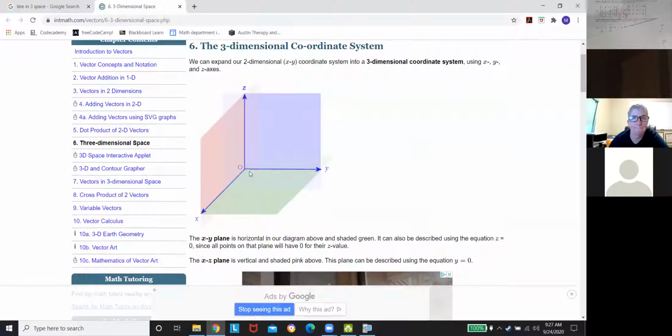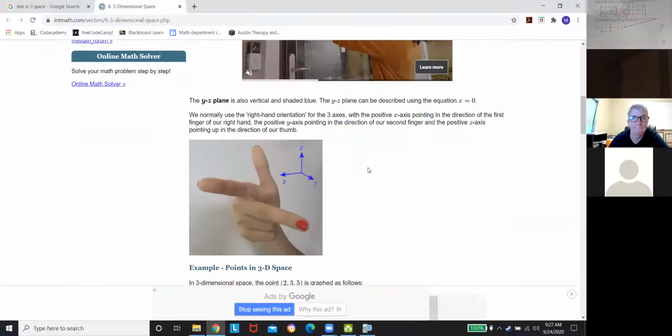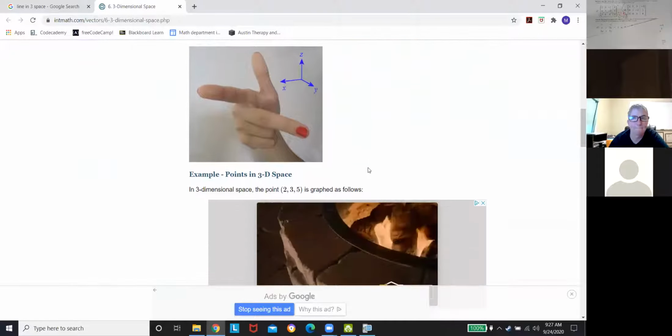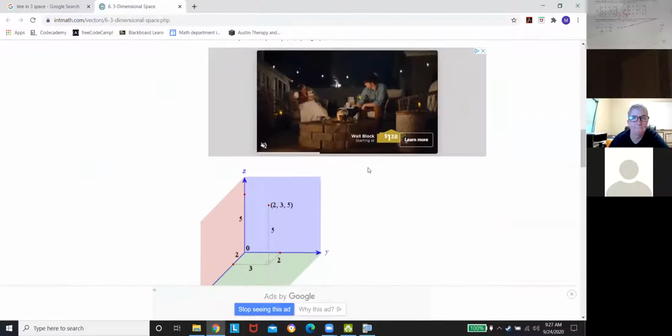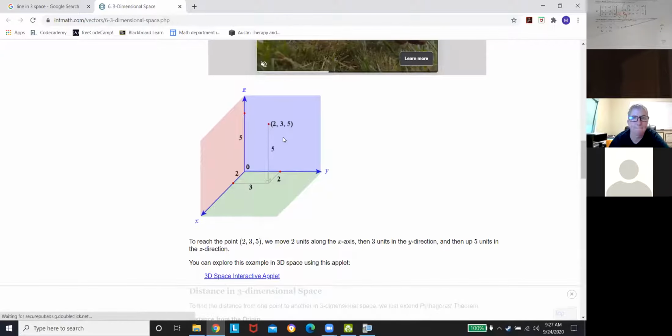So they do their axes a little weird. They lay their x and y down, and then they do the z coming up out of it. So we have an x-axis that goes in this direction, a y-axis that goes this direction, and a z that goes completely up and down. And there are some right-hand rules about how to do your axes. Okay. But 2, 3, 5.